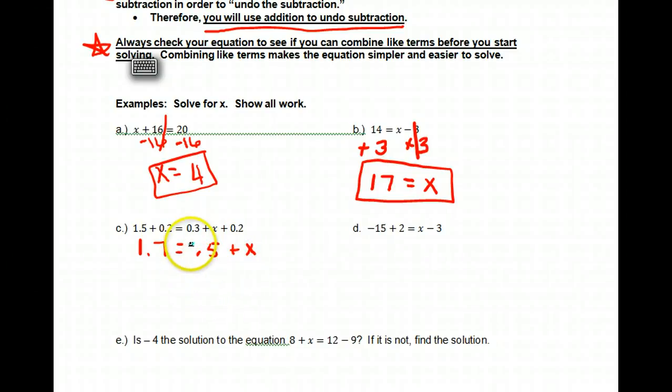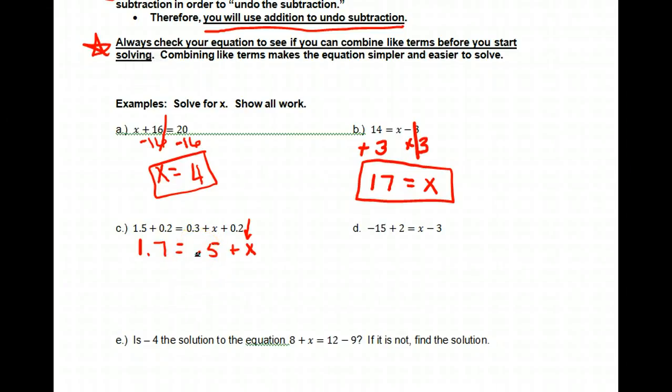Now you'll notice that on the side with the x, which is what we're trying to isolate, we have a 0.5. How do we know whether we should add or subtract to get rid of it? In example A, we had a plus 16. In example B, we had a minus 3. In example C, the way I wrote it, my constant is in front of my variable.